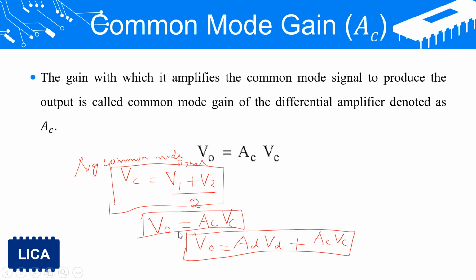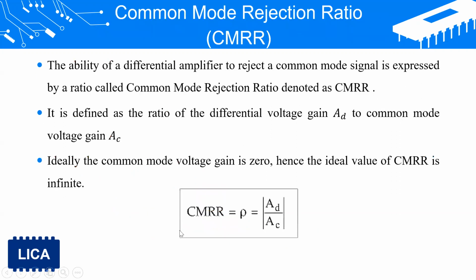Then the third important parameter is the common mode rejection ratio, CMRR. When the same voltage is applied to both the inputs, the differential amplifier is said to be operated in a common mode configuration, as we already know.